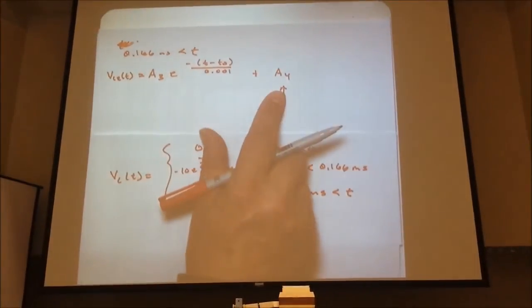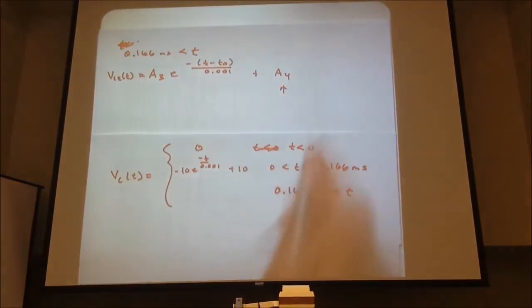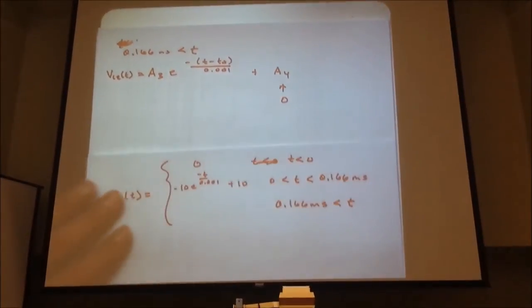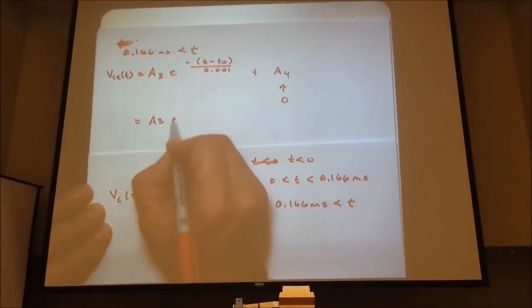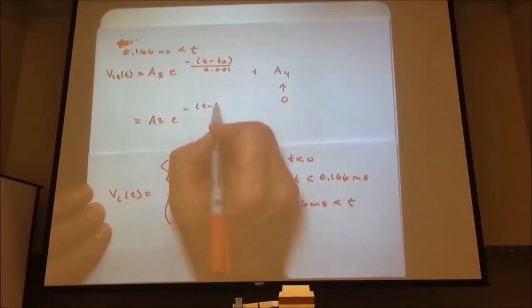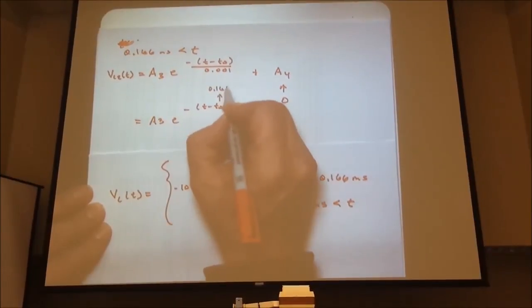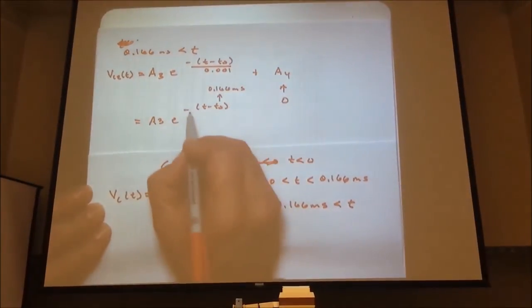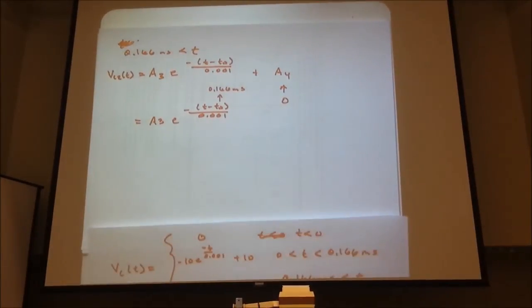What does that mean for us? Well, what's this value then? If we let t go to infinity, 0. So that's going to be 0. So we have A3 e to the minus t naught, and I should point out that's 0.166 milliseconds, over 0.001. Well, how do we find out what A3 is?